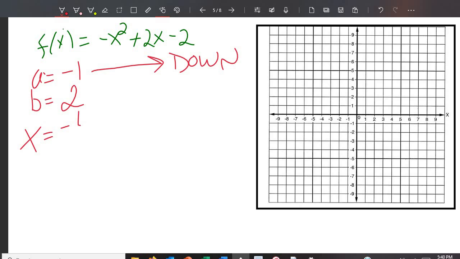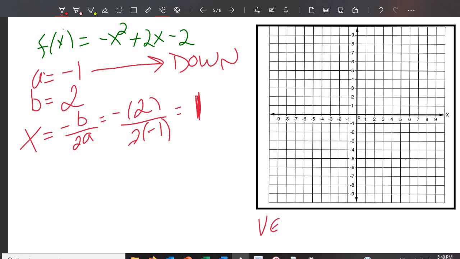Now, let's go find X using the little formula. So B is positive 2, A is negative 1. When we simplify this, we will get positive 1. So my vertex, the x-coordinate is positive 1.